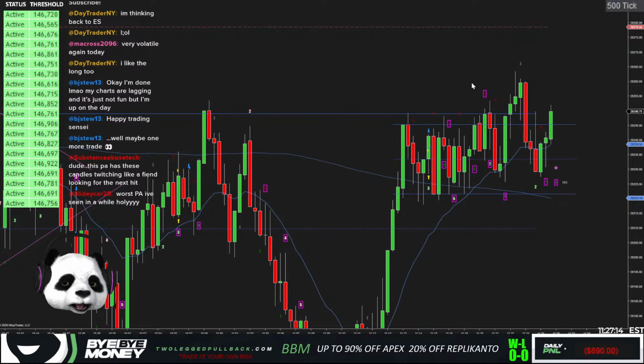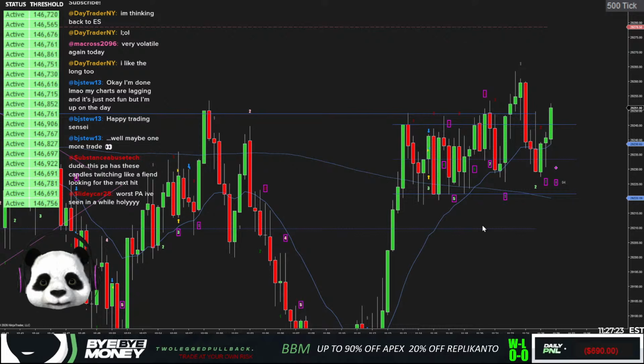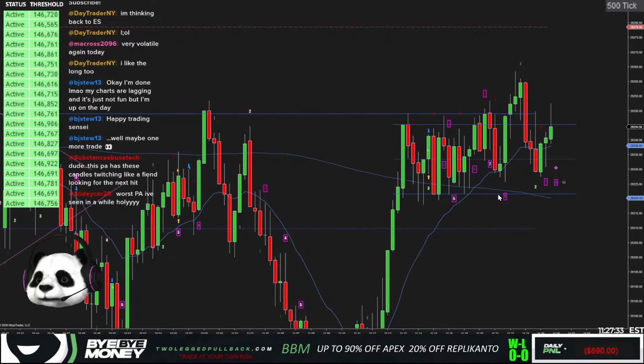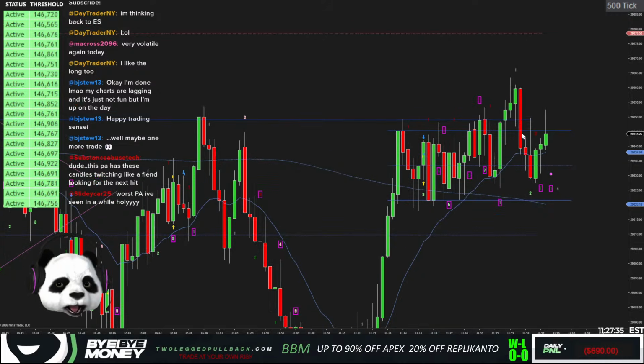Pandas, this is untradeable. Just look at this. I can't trade it. This is diabolical.